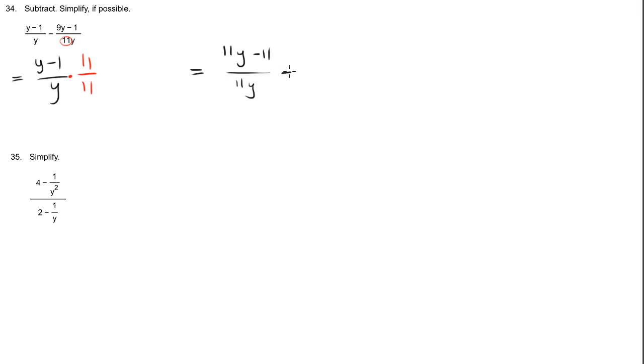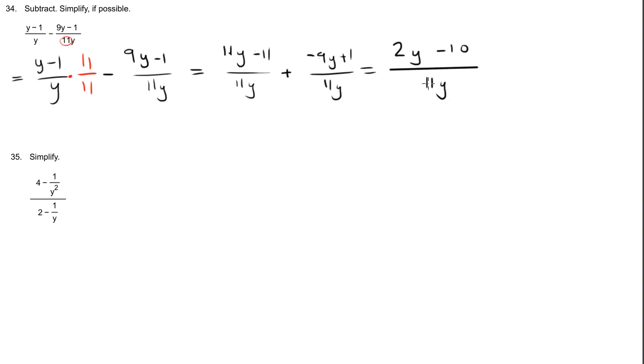And we're subtracting from that 9y minus 1 over 11y, so minus 9y plus 1. I'll change the signs so that I can just look at them and add: 11 minus 9, that's 2y, negative 11 plus 1, that's negative 10, and this is over 11y. 11's prime, it's not going to reduce, so we're done.